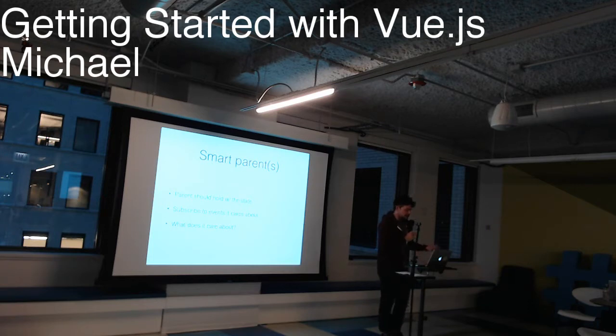So I like to think of it as subscribe. Vue uses emissions, and I like to think of them as you're just subscribing to events. Nothing is going to happen if you don't subscribe to it. But if you want that information, you need to subscribe to it. And that's what I like.